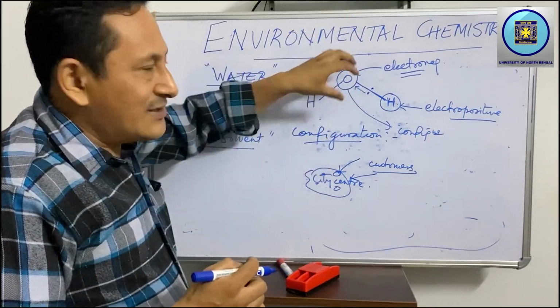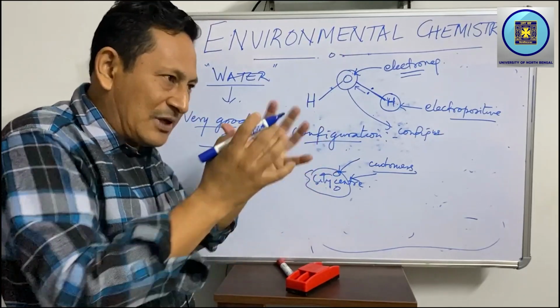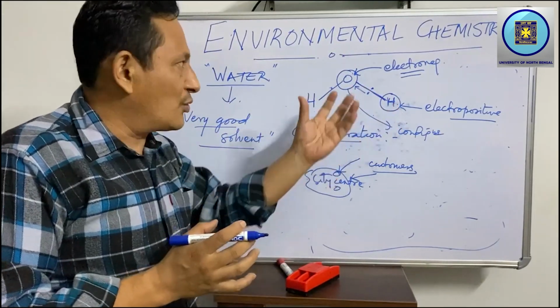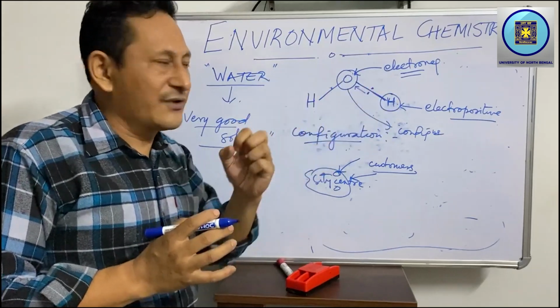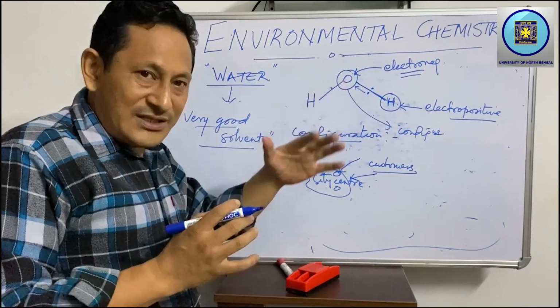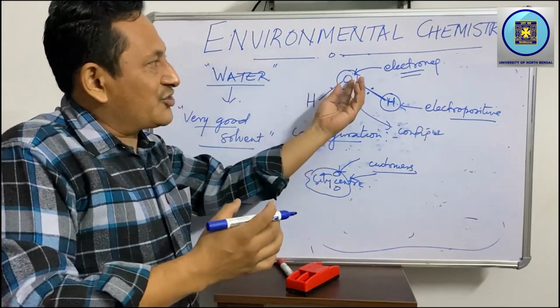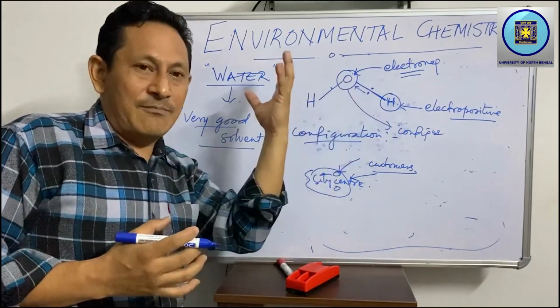Similarly, oxygen has a different configuration. It is made up of electrons and atoms placed in a different way than hydrogen. So its configuration is different. That sometimes gives it the capacity or the tendency to attract electrons more than them.